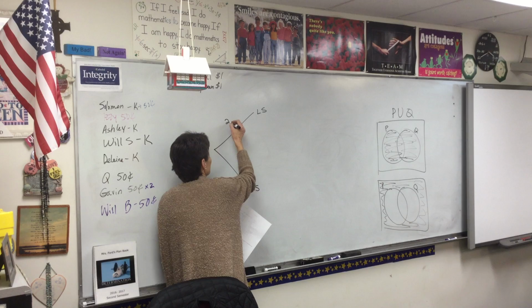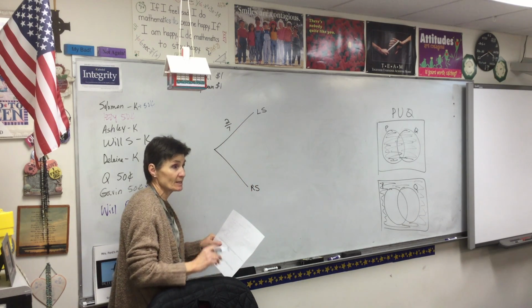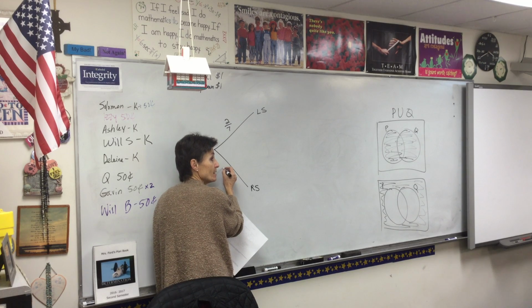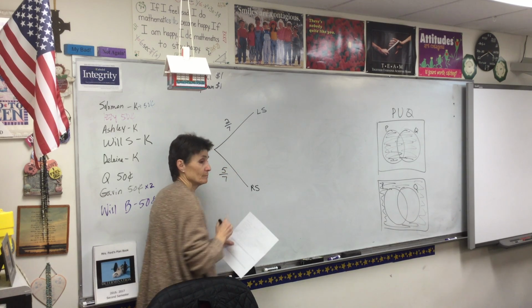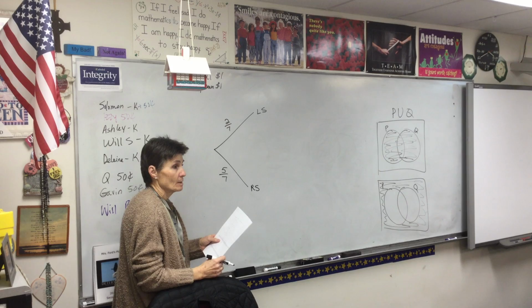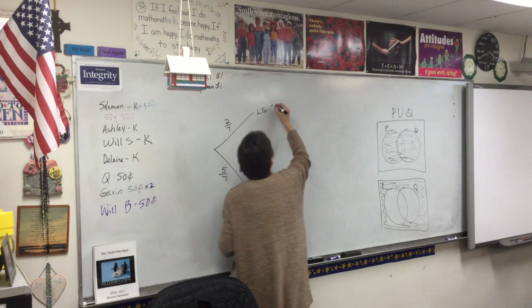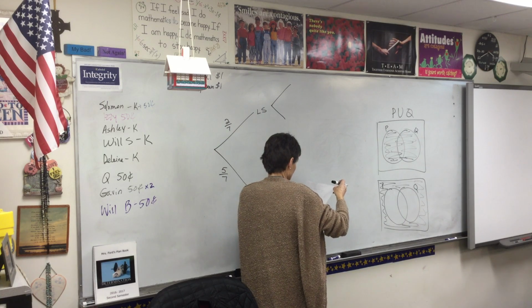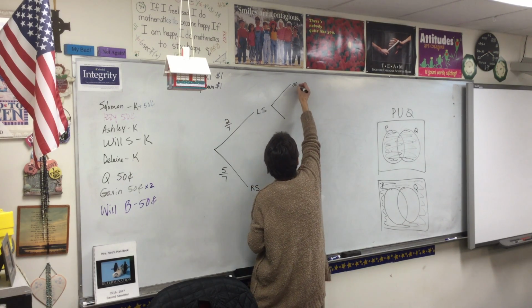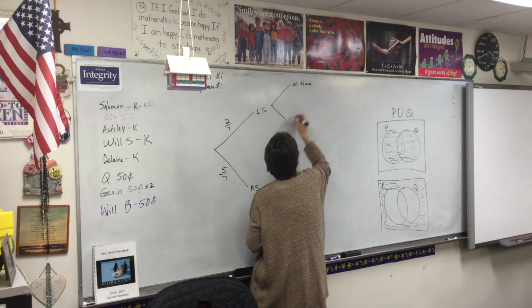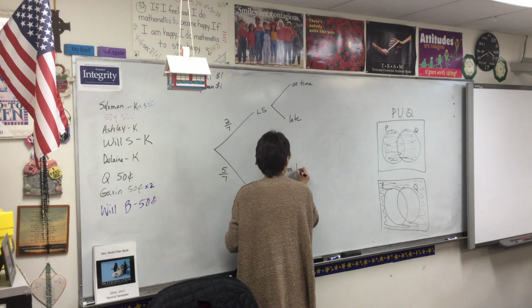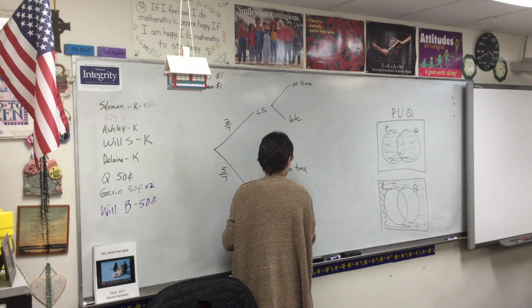So isn't the probability of a late start 2/7? And then a regular start would have to be 5/7. Now, he's either going to be on time or late.